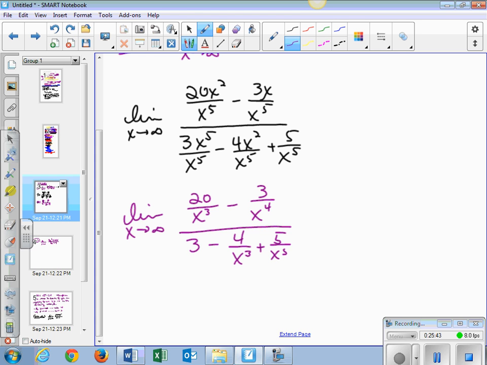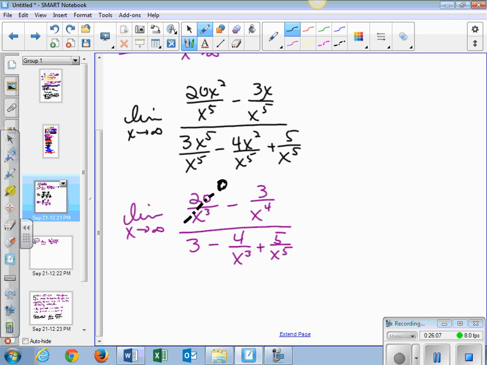Now, if I go to do the limit as x goes to infinity, I'm going to look at this, 20 over x cubed. When I do 20 over x cubed, doesn't this go to 0? Because I'm taking 20 divided by a very large number. What is 20 divided by a very large number? 0.